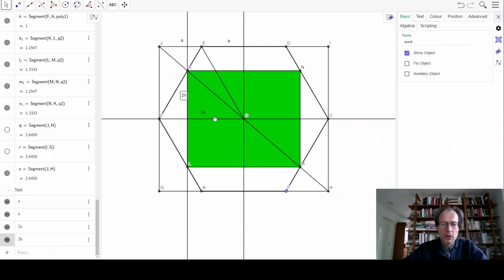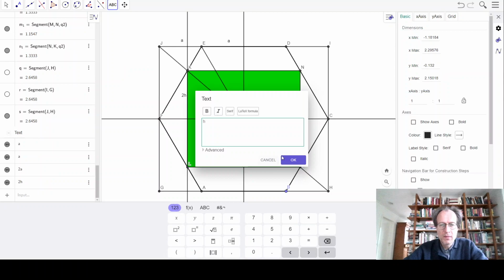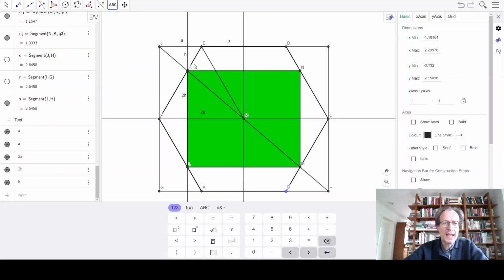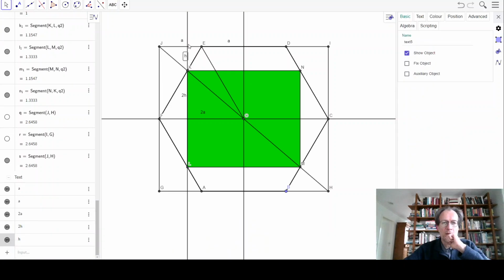Then we know, because of the dimensions too, that the height of the smaller triangle AKJ is h, exactly half. That's because we have here a and we have here 2a, so we have those dimensions.